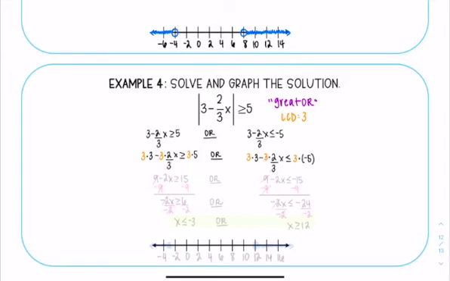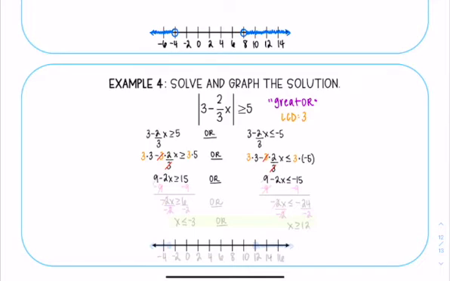So in both situations, the denominator is going to cancel with the 3. And so now we are only going to be working with a nice inequality with no more fractions. We've got 3 times 3, which is going to give me 9, minus 2x, which is greater than or equal to 15. Or we've got 9 minus 2x is less than or equal to negative 15.